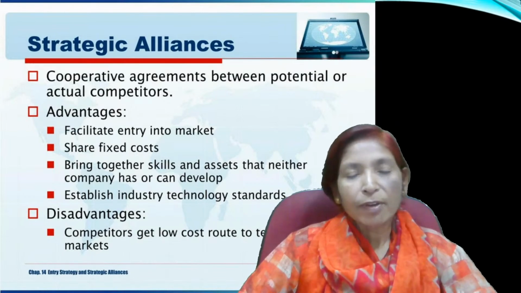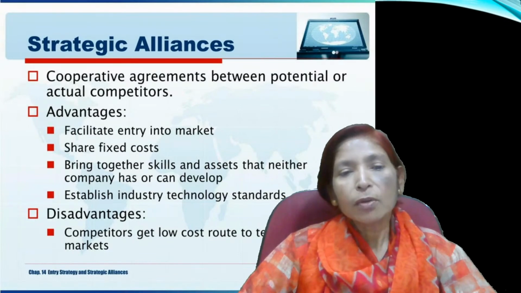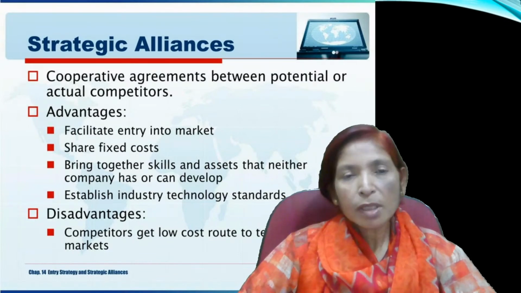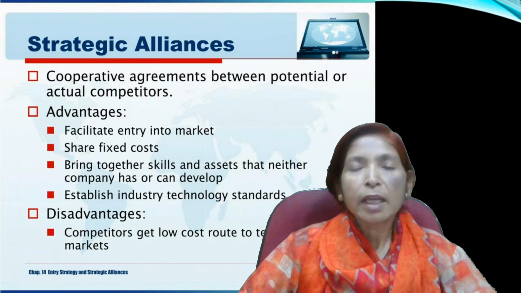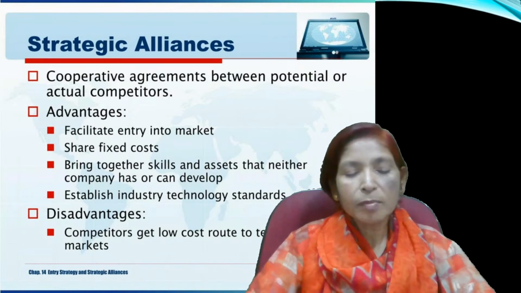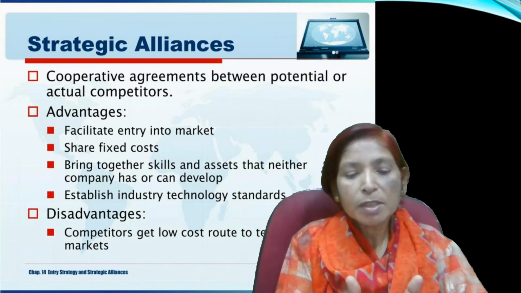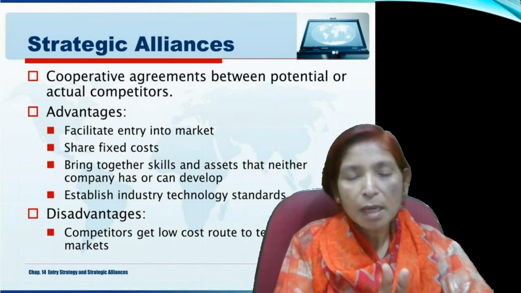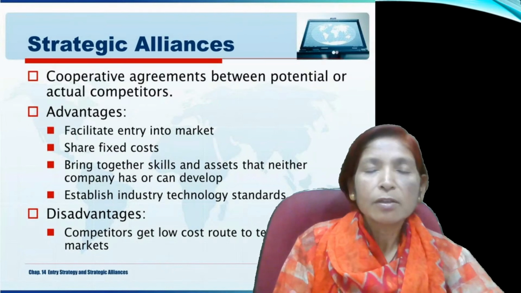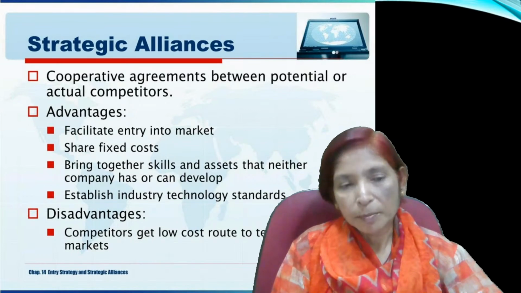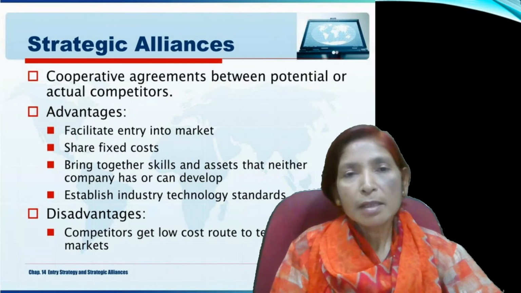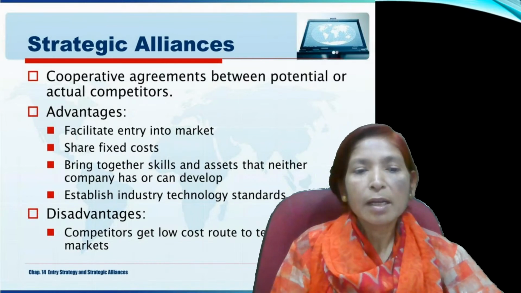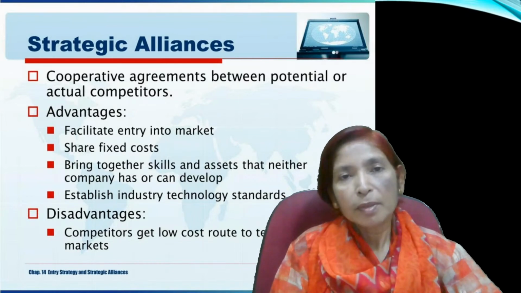One is it facilitates entry into the market. Through strategic alliances, firms can enter into the market, and if all firms get together in the same business, they can share fixed costs of production and bring together skills and assets that neither company has or can develop.